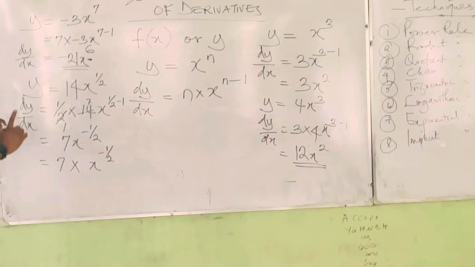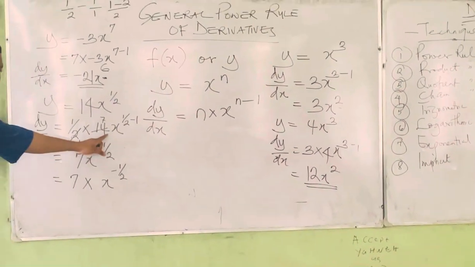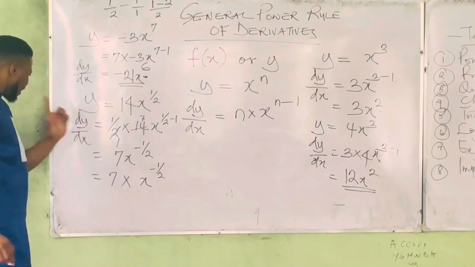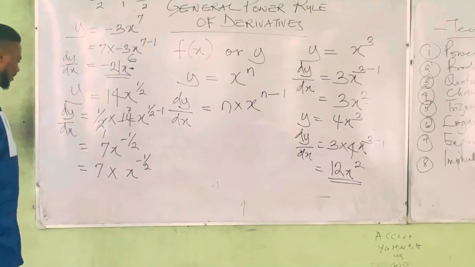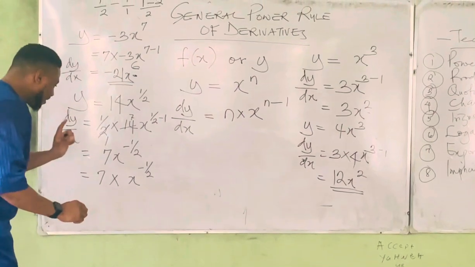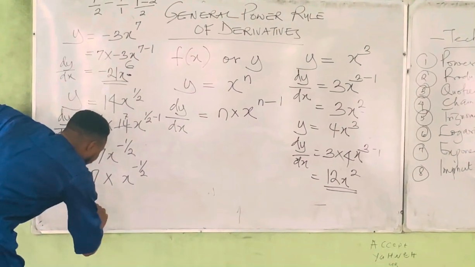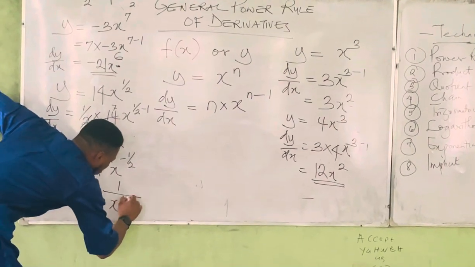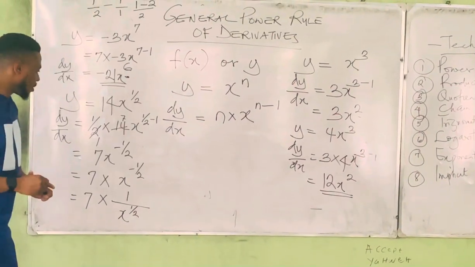Do you agree with me? Beautiful. Now, what am I saying in essence? 7 times x raised to power minus 1 over 2 is 7 times 1 over x raised to power 1 over 2. Do you agree with me?